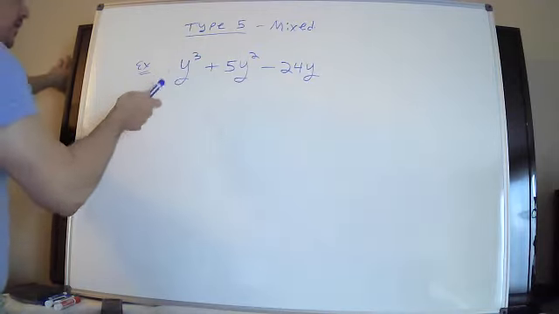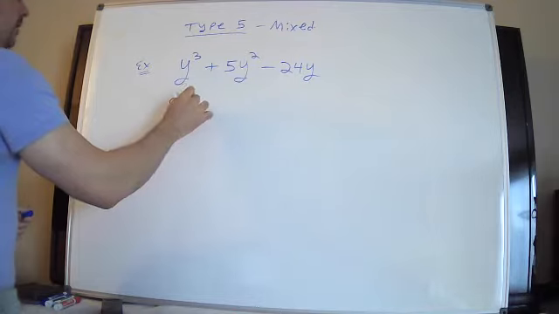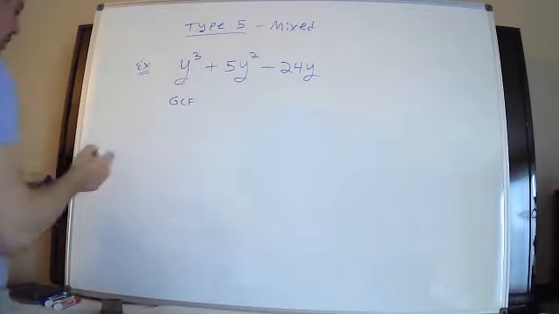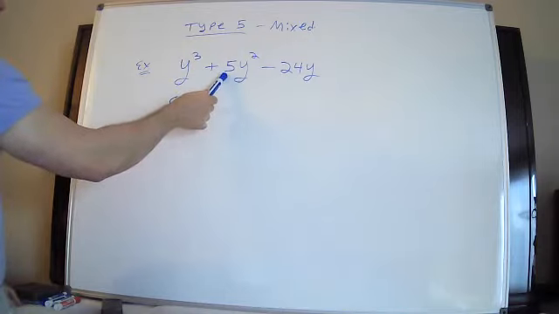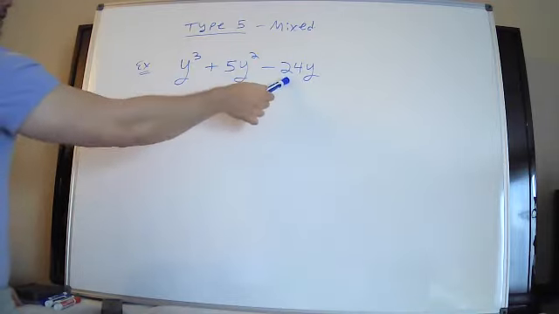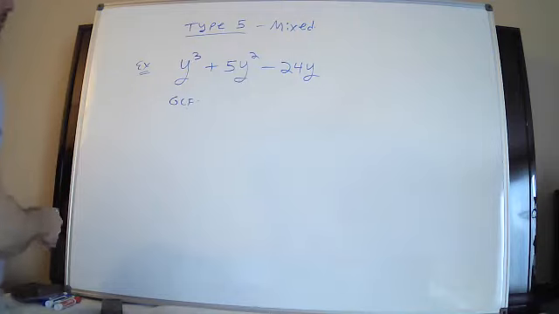So the only thing you can do is the greatest common factor, the GCF. Now, you have a 1, a 5, and a 24. There's no number that divides 5 that also divides 24. 5 is only divisible by 1 and 5. And 24 is not divisible by 5.